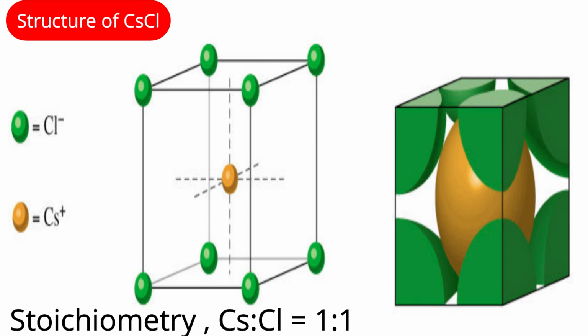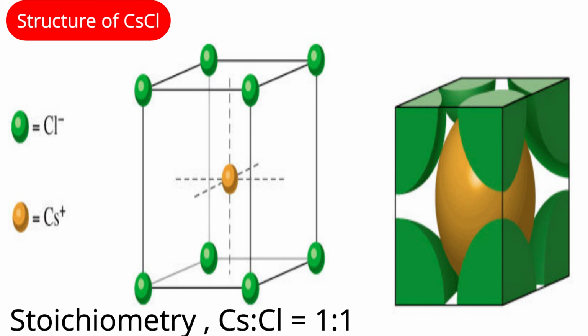How many such chloride ions are there? 8. So the total number of chloride ions in this unit cell will be 1/8 into 8, equal to 1. Means the number of cesium ions is equal to 1 and the number of chloride ions is equal to 1.